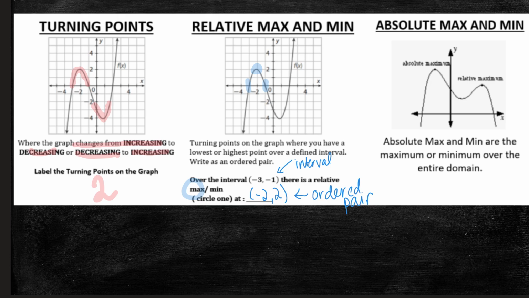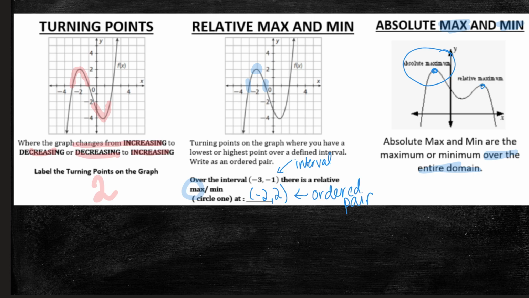Now, an absolute maximum, an absolute max or min, is the absolute maximum or minimum over the entire domain. So this graph has an absolute maximum right here. So this is an absolute maximum.